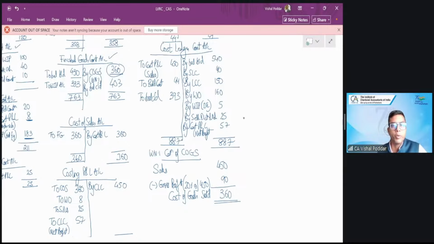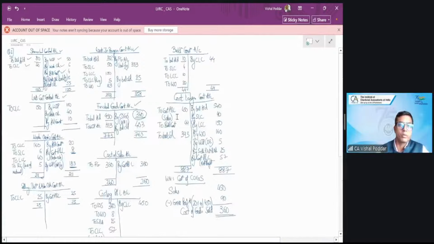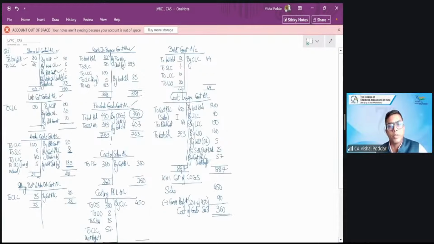Kavya, I hope you also got these entries and the answer. Yes, students, I hope you all are getting these answers. Done? Understood by all? Anybody? Something not understood?